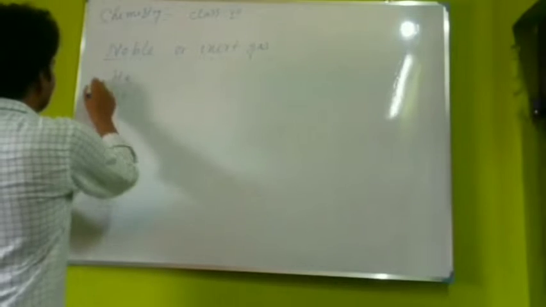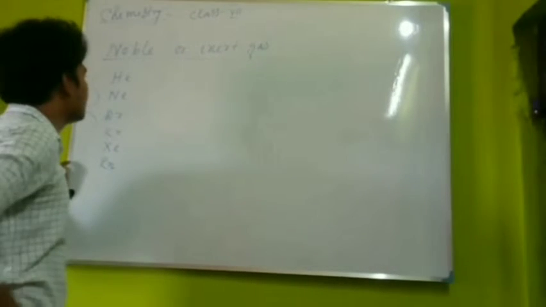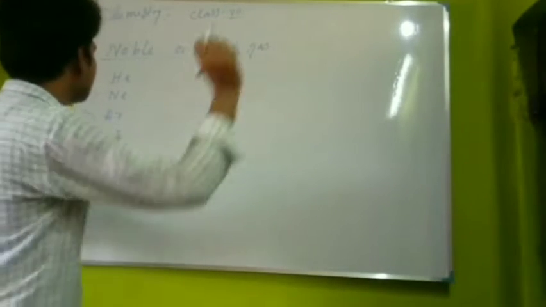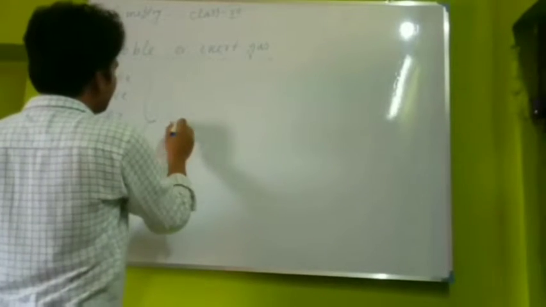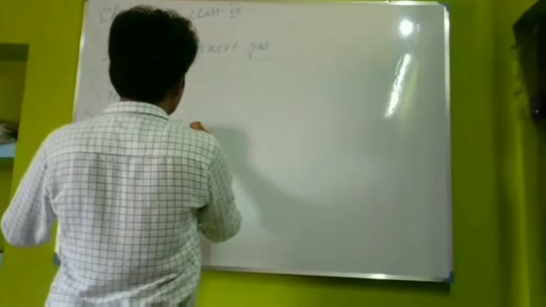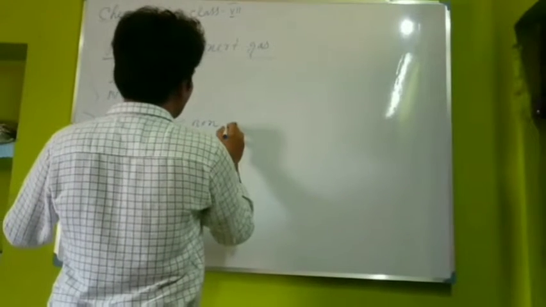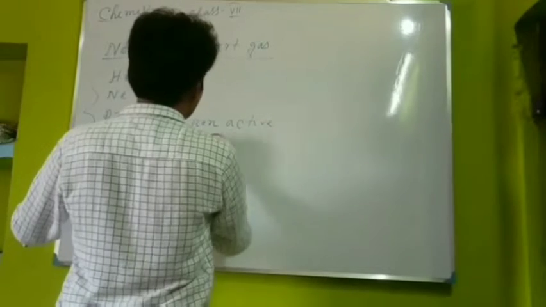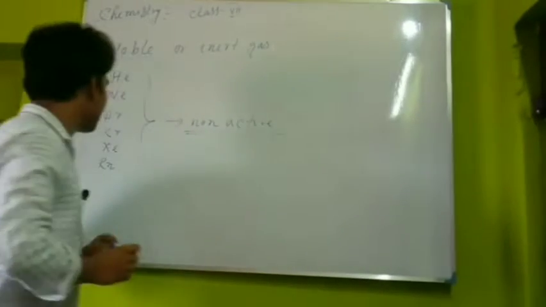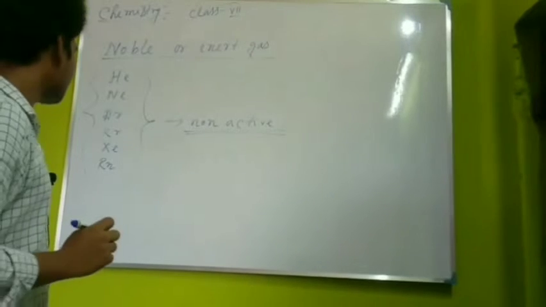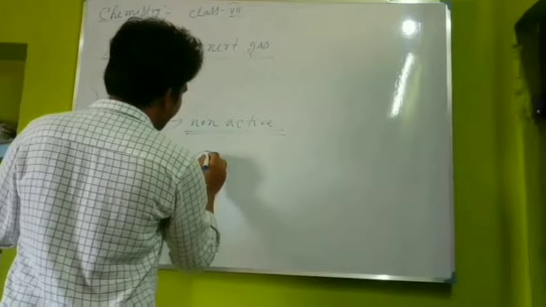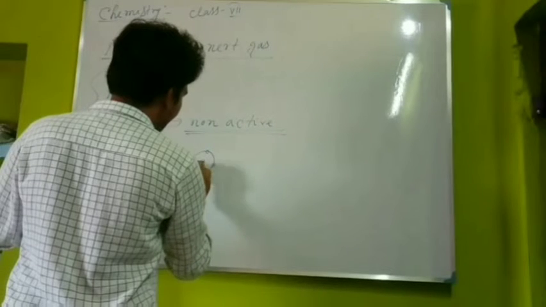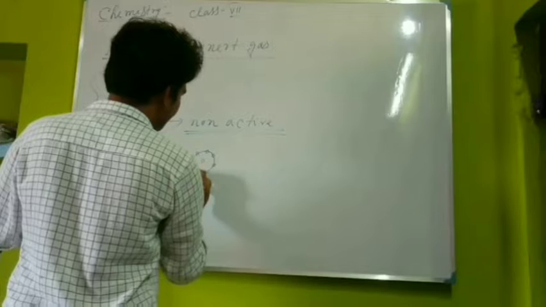Why are these gases called noble or inert gases? As they cannot take part in any chemical reaction. They are non-active elements, as their outer shell is filled by 8 electrons, except helium.